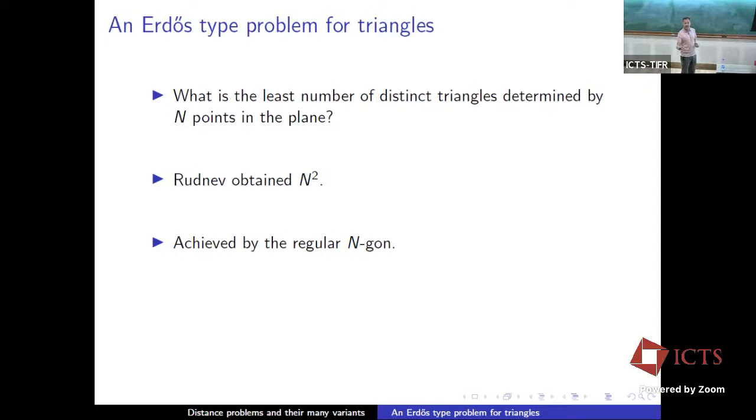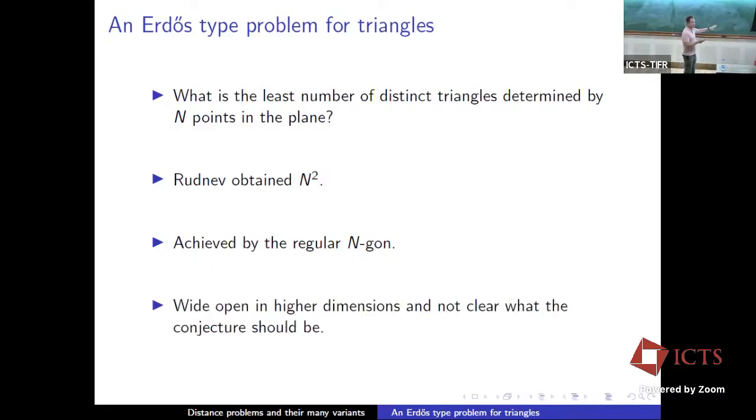You may then ask, well, what happens in higher dimensions? And for distances, although the problem was not resolved, there existed some wonderful results. Here, there do exist some results, so maybe I'm a little overstating things in the last bullet point, but really we are not very good at counting triangles in higher dimensions. I've done some of this myself, just played around with it.